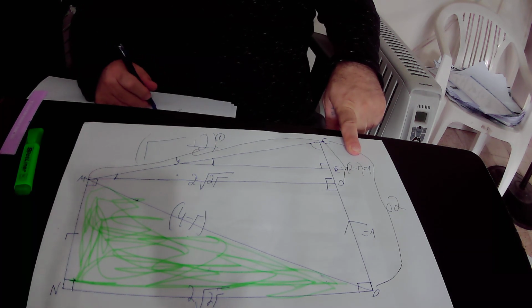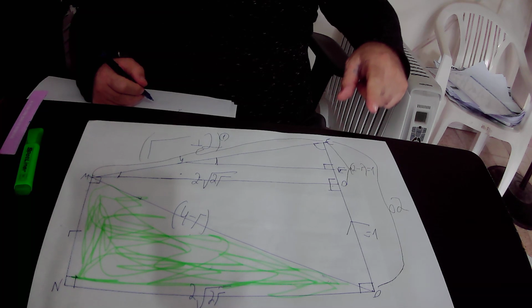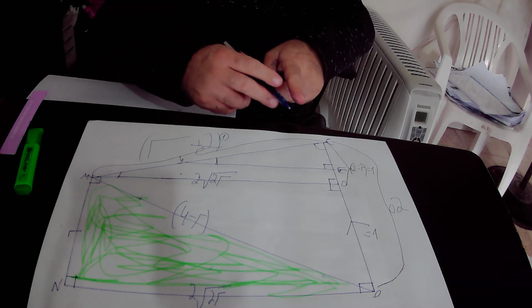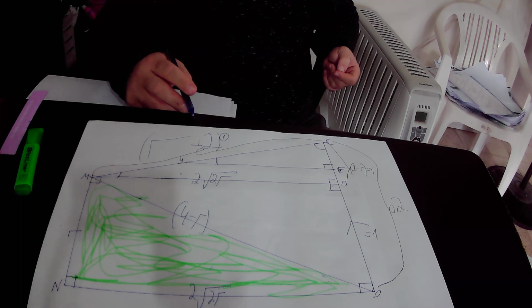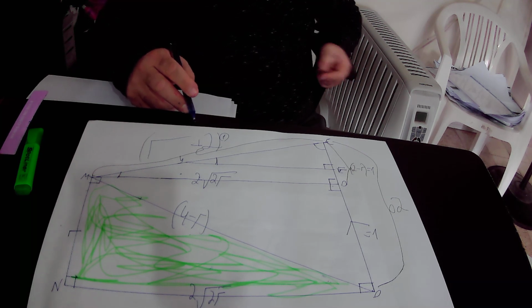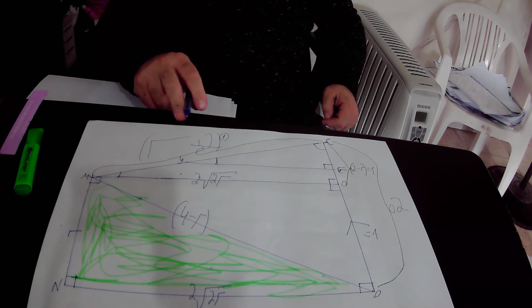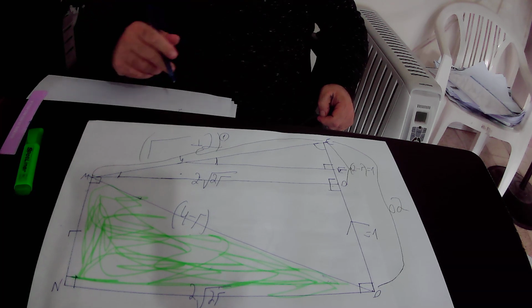So CD equals 1 over CM. What is the value of CM? CM equals R plus 2, and R equals 1. So CM equals 1 plus 2, which is 3.